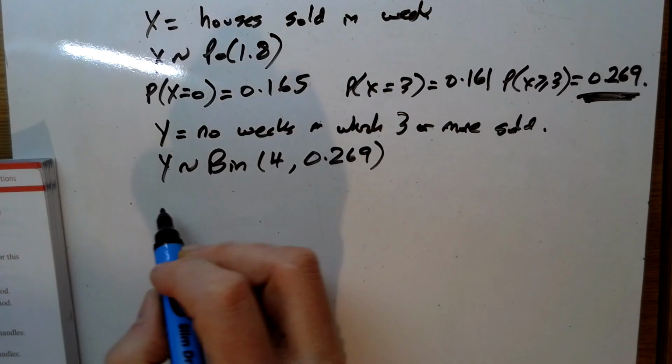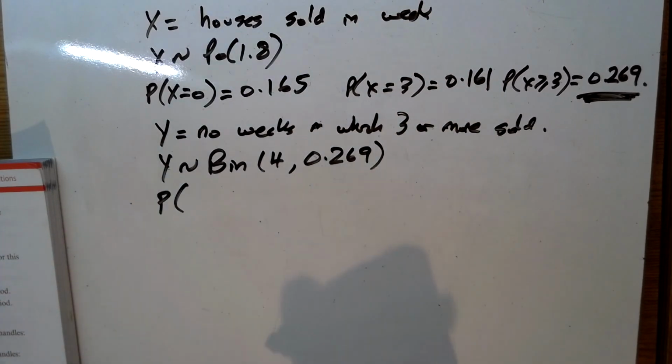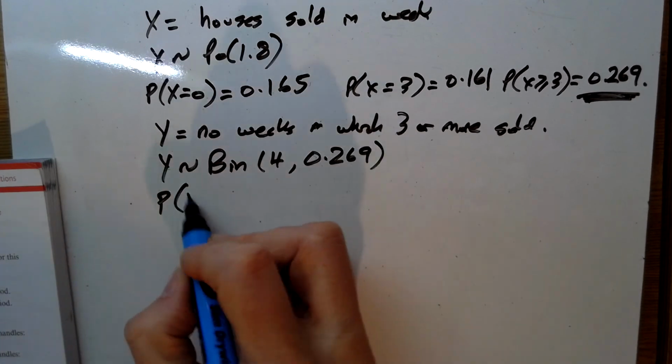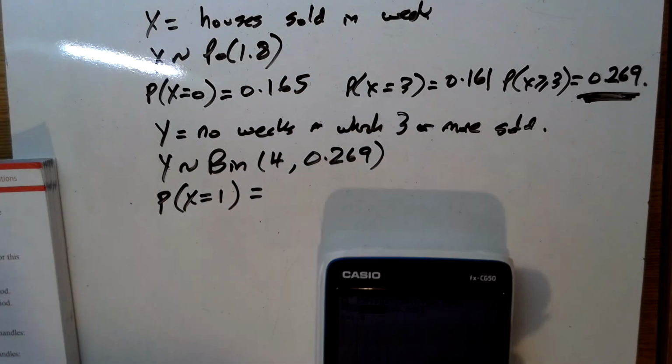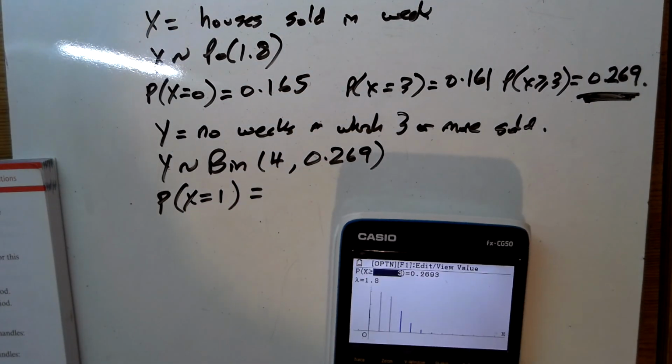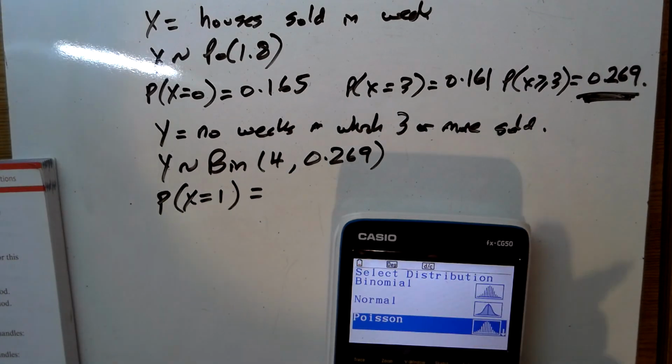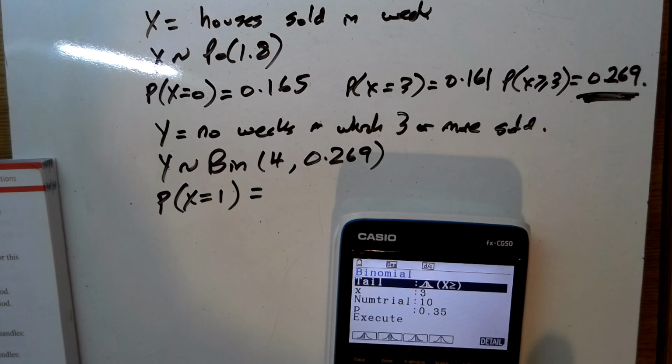0.269. And the question says, find the probability that over 4 consecutive weeks she meets her weekly target exactly once. So we just want this to equal 1. So using the calculator here, we're now going to go back to the binomial over here.